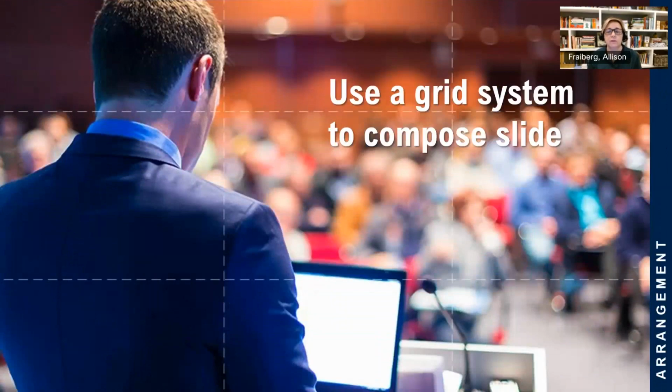You can use a grid system to compose your slide as well. Instead of just plopping what you want in the middle of your slide, what you can do is use this grid system. You see, it's a basic principle from photography, the rule of thirds, where you are dividing your slide, in this case, into about 9 squares. And you'll notice that when you're editing a photo on your phone, this grid appears as well.